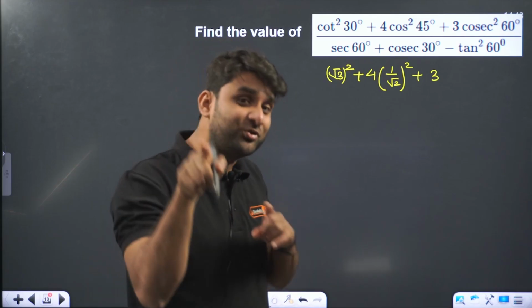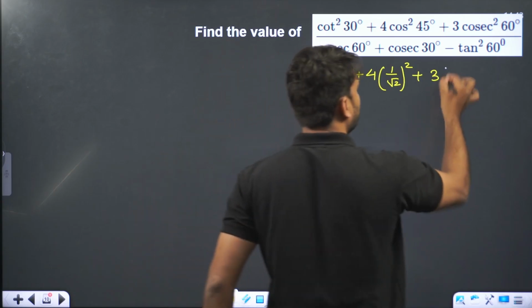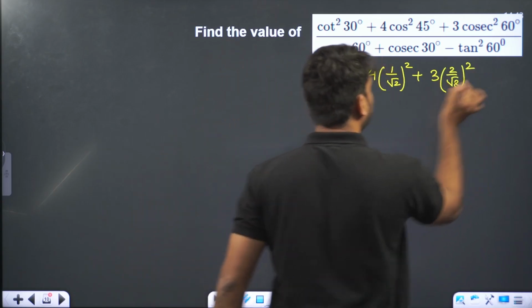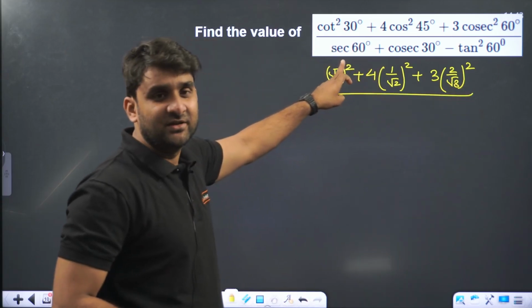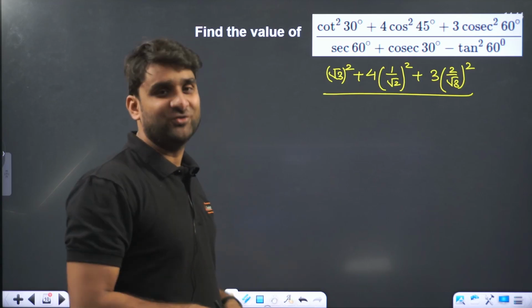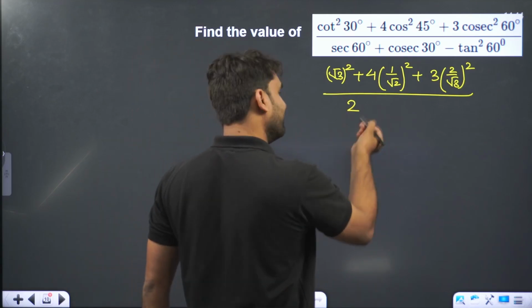Sin 60 is root 3 by 2. So what should be cosec? 2 by root 3. So this is equal to 2 by root 3 whole square. Now, this is sec 60. What is sec 60? Sir, I don't know. You should know cos 60. Cos 60 is what? 1 by 2. So sec 60 will be 2 by 1, which is 2.